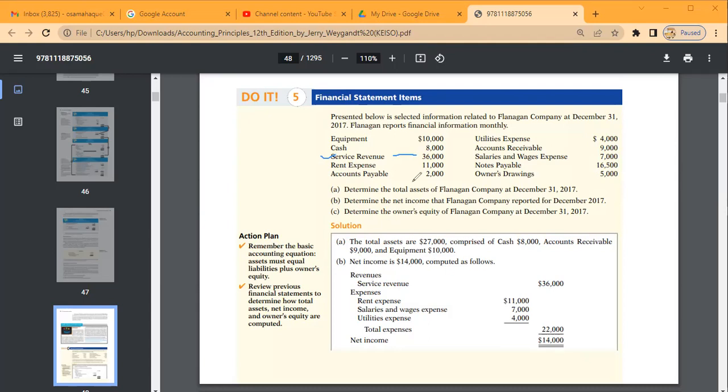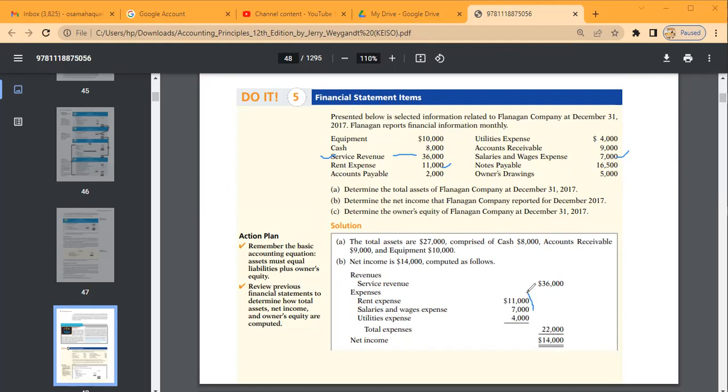In expenses, first of all, we have rent expense, which is 11,000. Then we have salaries and wages, which is 7,000. Then we have utilities expenses, which is 4,000.